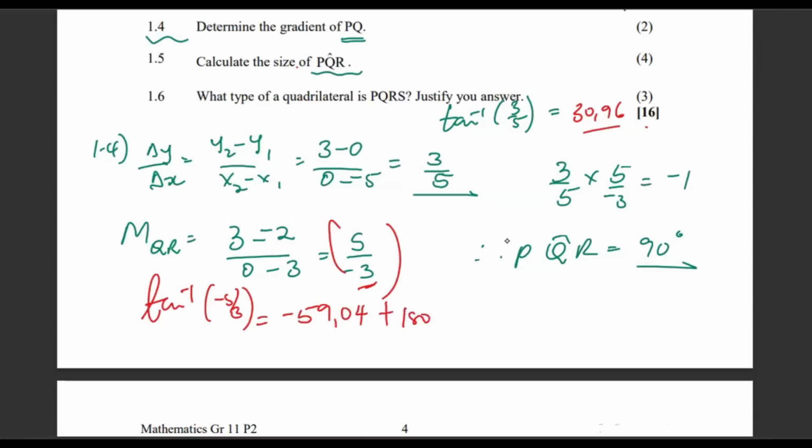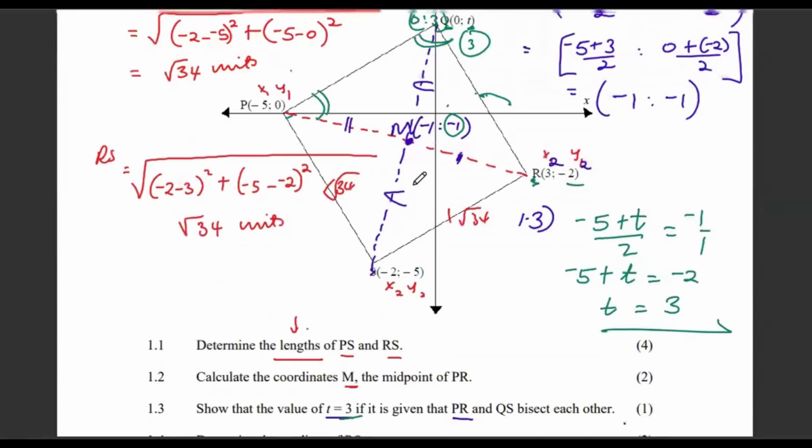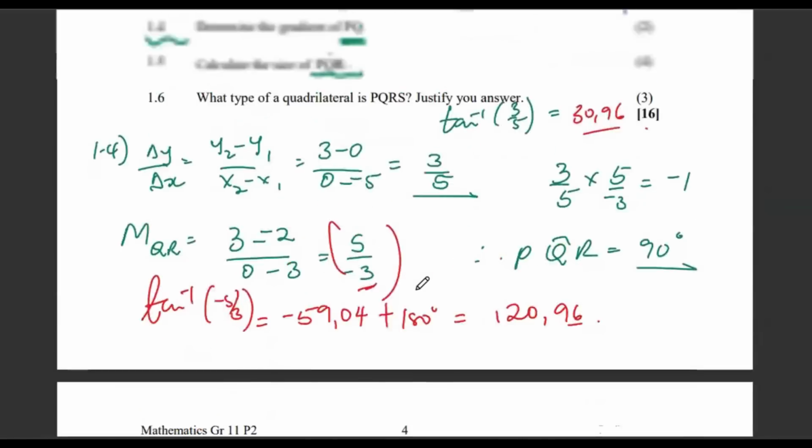And then I have to plus 180 so that I can get the positive angle, which is 120,96. We say this is the 30,96, and then these two should be equivalent to this exterior angle. We subtract, very 90.